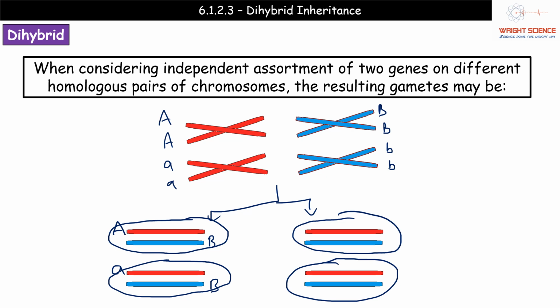On the other side, we can have a capital A and a lowercase b, and then we could also have a lowercase a with the lowercase b. So we've basically got four different potential combinations in our gametes. If we rewrite it a little clearer, we've got this one, this one, this one, and this one. So basically we've got both dominant, one recessive and then the other way around, and then both recessive.